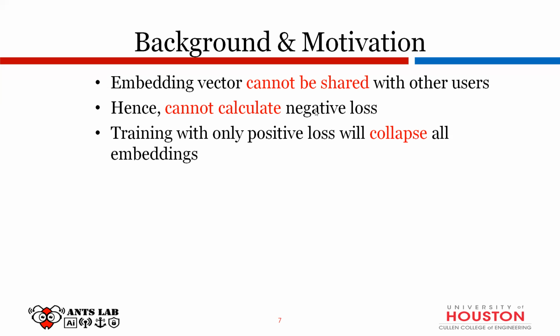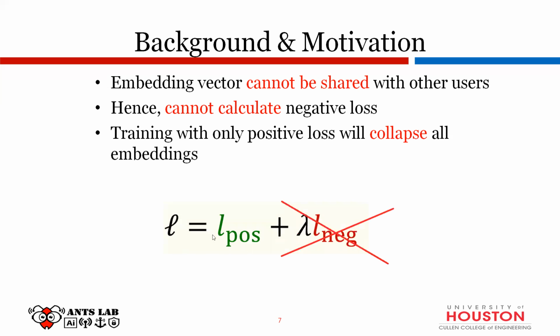So right here, because embeddings cannot be shared, we cannot calculate the negative loss. If we only use the positive loss in training, we get the issue I just mentioned above. So we have to think of a way to deal with this negative loss calculation issue.